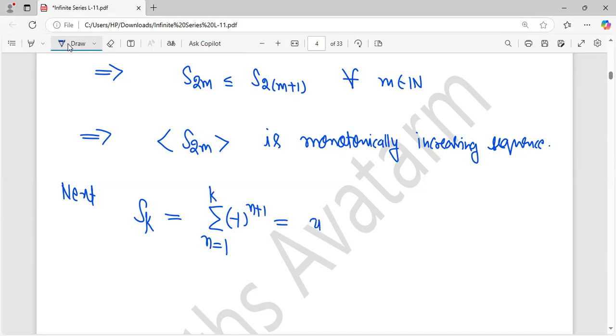So this is nothing but u_1 minus u_2 plus u_3 minus u_4 plus u_5. So this is going like that. The last term is u_n minus 1 minus u_n.